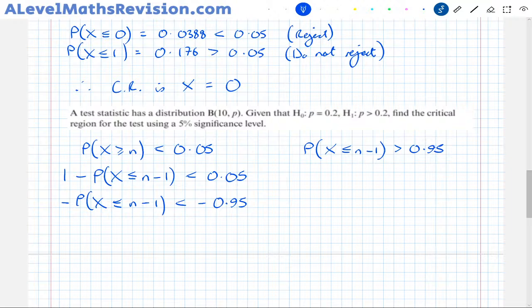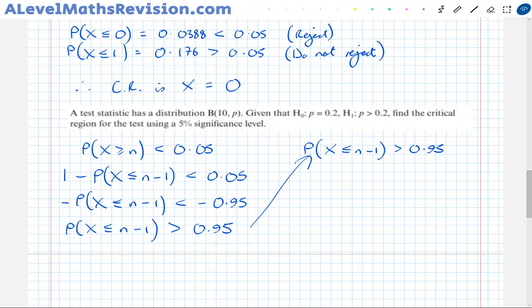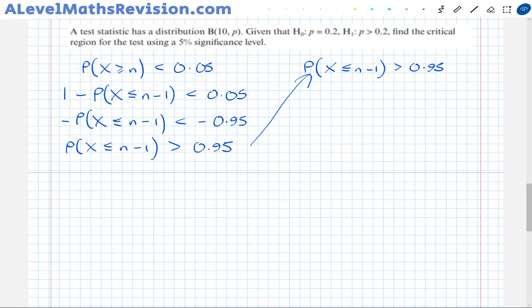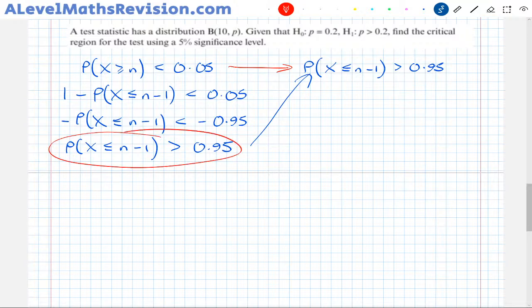Then multiply both sides by minus 1 to get the probability that x is less than or equal to n minus 1, flip the inequality because we multiply by a negative number, is greater than 0.95. So hopefully I've proved why that's the case. Flip all the inequalities, replace it with n minus 1, 1 minus. So it's a rule to remember, to go straight from there to there. However, this proves it.